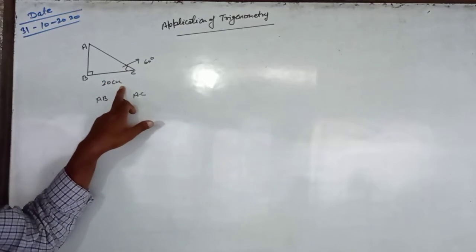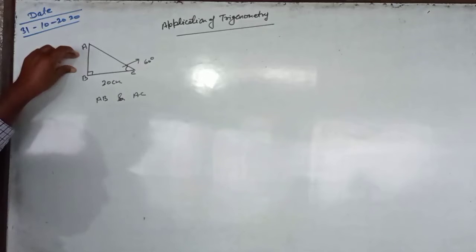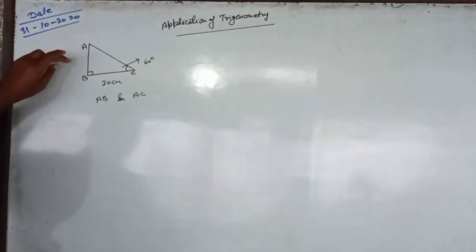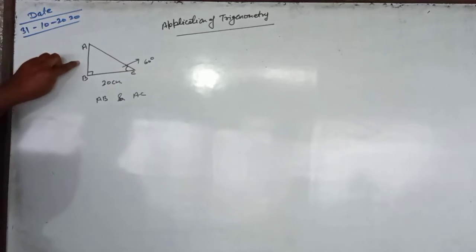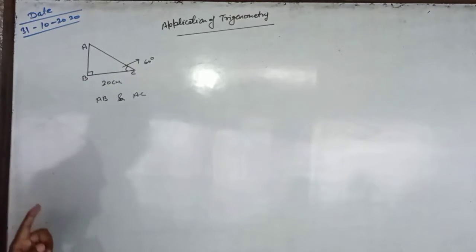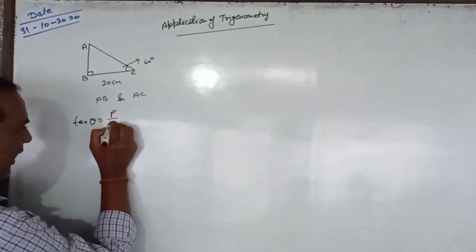Here the base is given, and at first if we have to find the perpendicular, then the relation between perpendicular and the base is tan. It means we have learned that tan theta equals perpendicular by base.